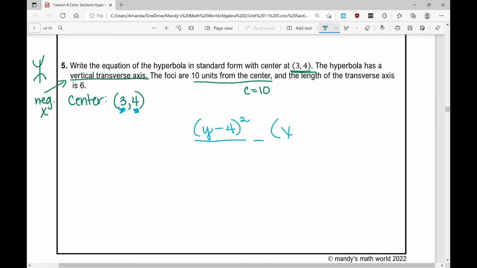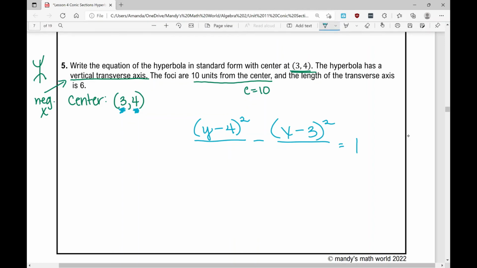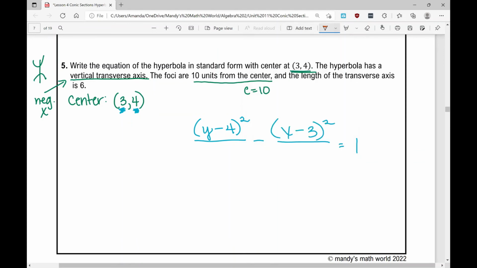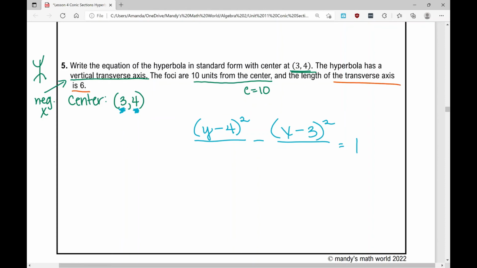Now I'm going to use the x term, x minus 3 squared, equals 1. So I've got my translations of the center point, right? I'm going right 3, up 4, and that's how I would write it. So now let's find our a and b values. I know the length of the transverse axis is 6.